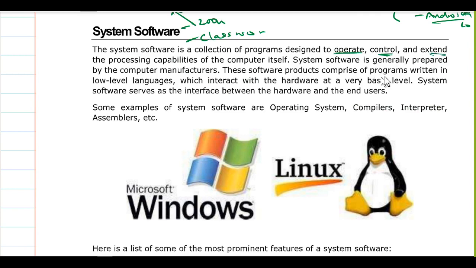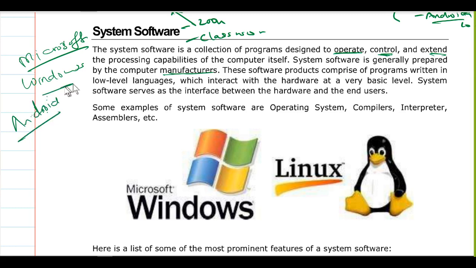System software is generally prepared by the computer manufacturers. Well, Microsoft is not a computer manufacturer, but at least it is prepared by the company called Microsoft. Linux is prepared by some other people who are not necessarily computer manufacturers. Android is not prepared by a manufacturer.